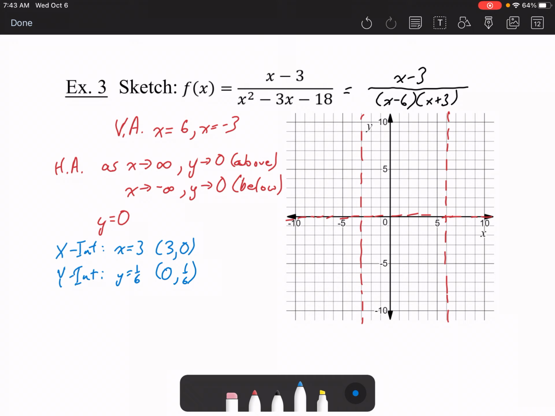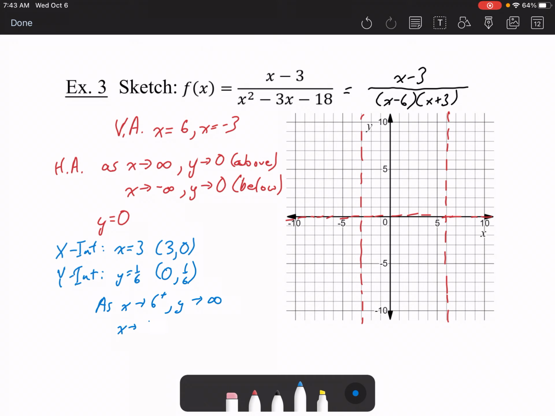May I also suggest you choose values very close to 6, from the left and the right, and very close to negative 3 on the left and the right. As x approaches 6 on the right, substitute it in, and you'll notice y approaches infinity.